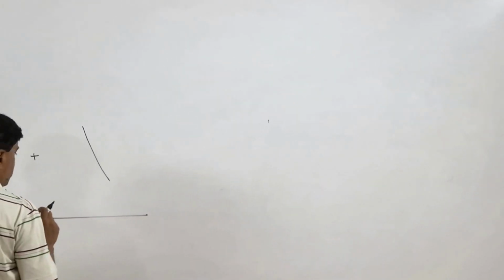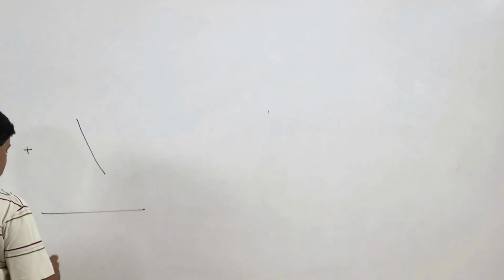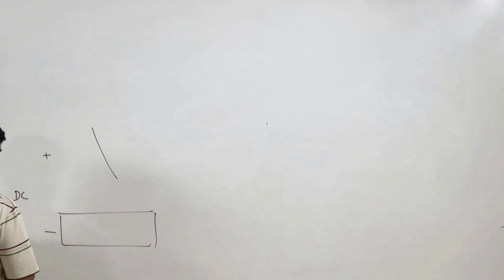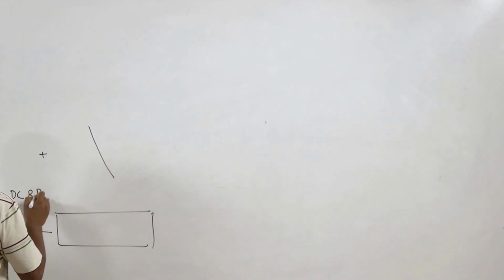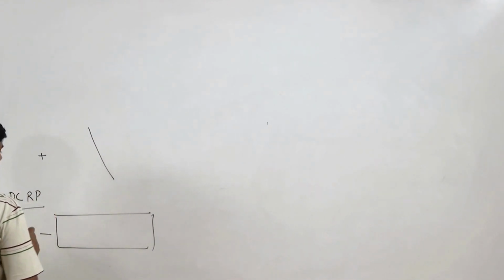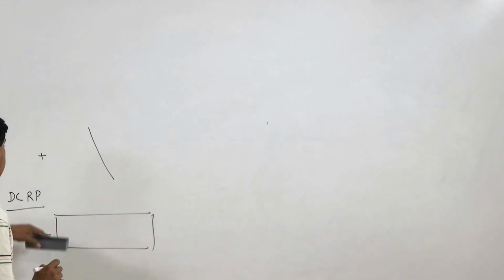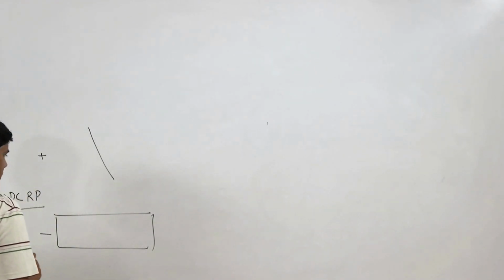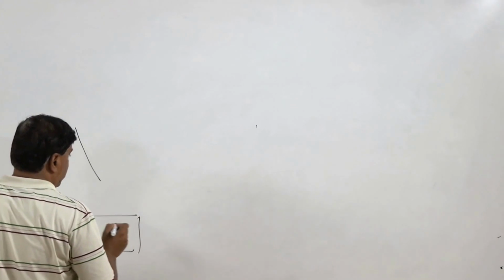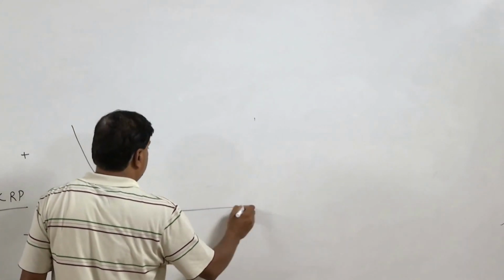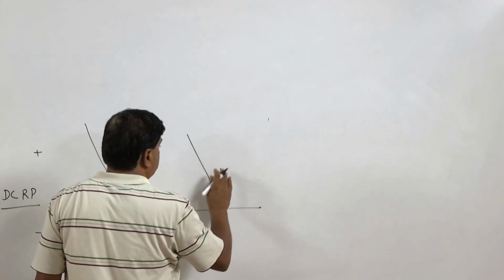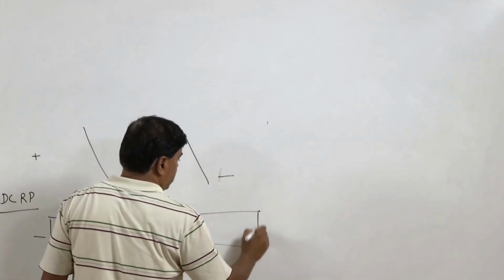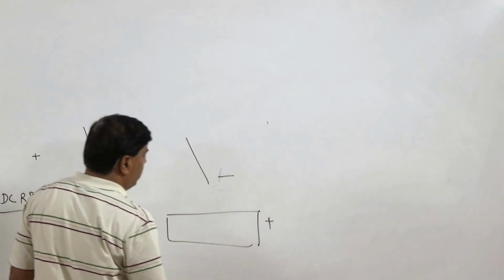When the positive terminal is connected to the electrode and negative to the workpiece, we say that is DC reverse polarity, where the workpiece is negative and the electrode is positive, while the straight polarity is one where the electrode is connected to the negative terminal of the power source and the workpiece is connected to the positive terminal of the power source.